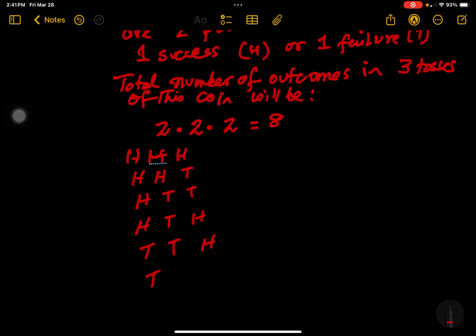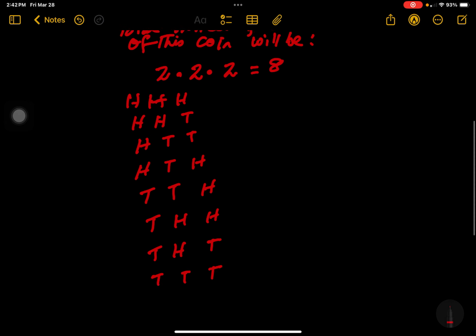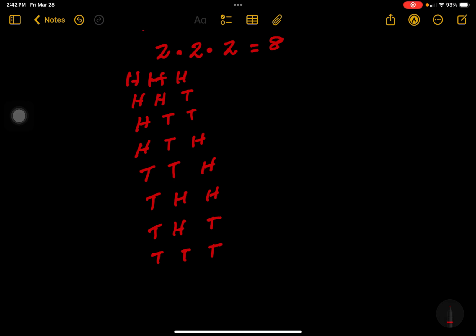Or it can be tail, head, tail, and then another combination. So we have 1, 2, 3, 4, 5, 6, 7, and the last one is all tails. So this is the way in which these 8 possibilities or 8 outcomes are possible.